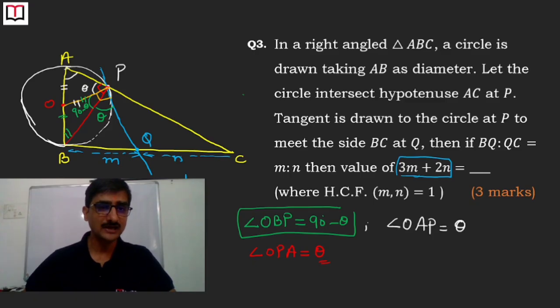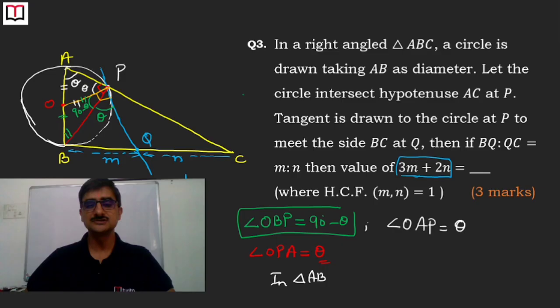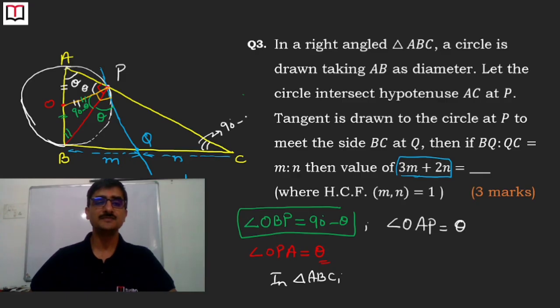Now if this angle is theta in triangle ABC, of course angle B is 90 degrees, so angle C has to be 90 minus theta. Got it? I'm just explaining you how.